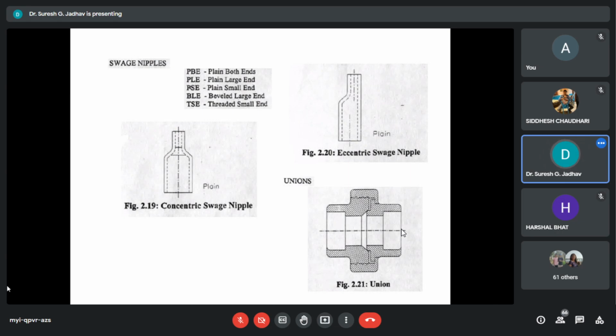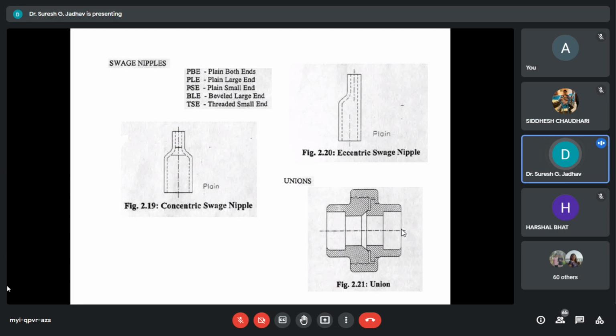Various combinations of ends are used in piping industries, such as PBE, PLE, BLE, TSE. The end connections are used in chemical industry, and swage nipples are designated based on their end connections: closed ends, plain large ends, plain small end, threaded small ends.